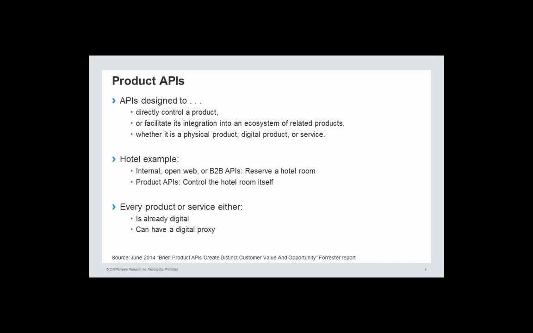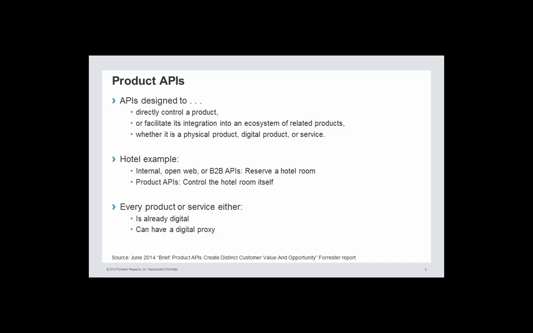It could be a physical product, a digital product, hardware, software, or a service. Let me give you an example to help drive it home. Via one of the other kinds of APIs, you might reserve a hotel room. With a product API, you might control the hotel room itself.